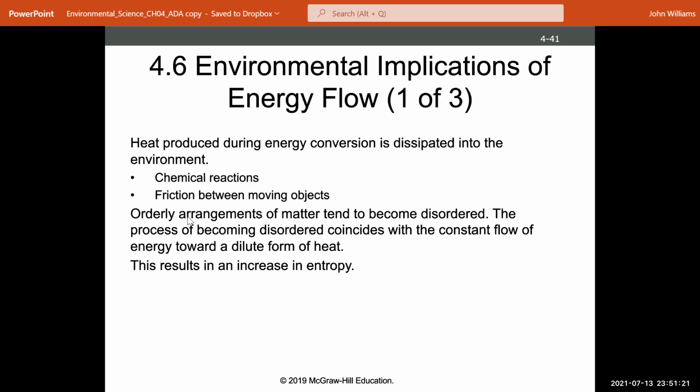And like we've noticed, molecules of matter are usually ordered, but they become disordered, right? And that constant flow of energy tends to dilute the ordering into the form of heat that again increases the amount of entropy or disorder in the environment.